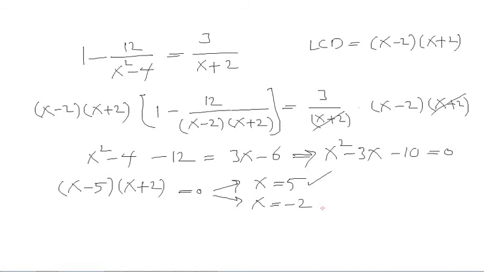So 5 is accepted, but negative 2 is rejected. We do not accept this. So the only solution is x equals 5.